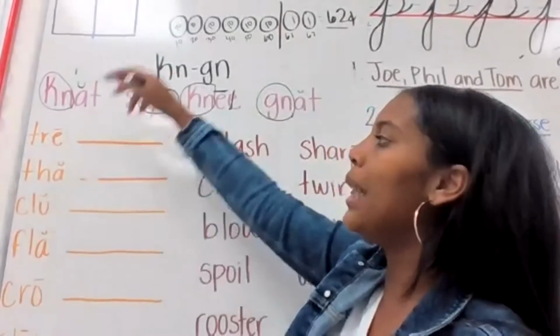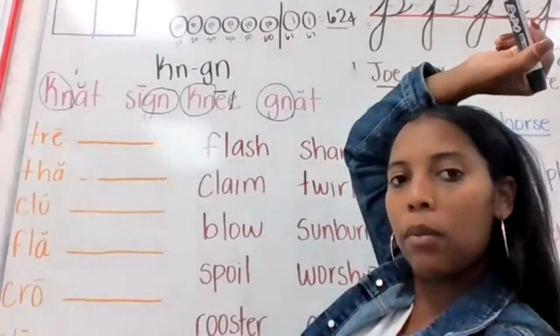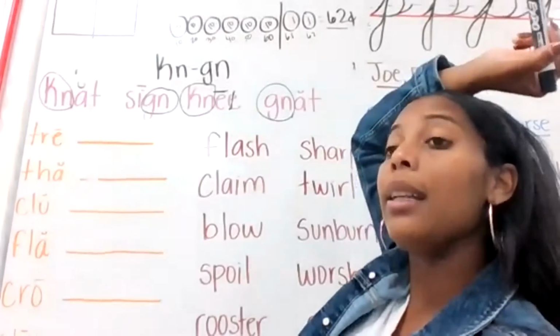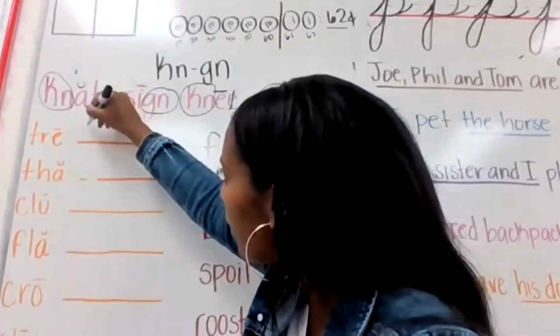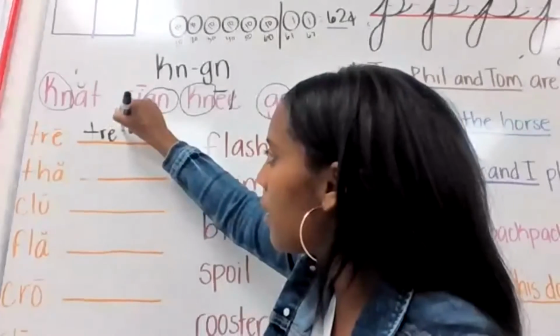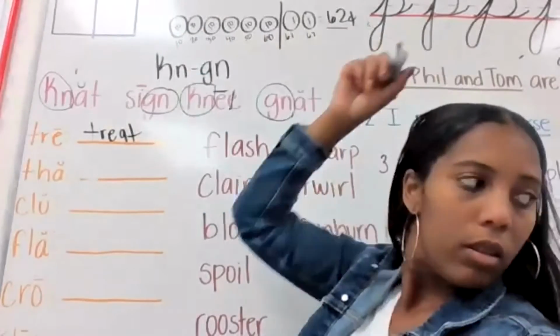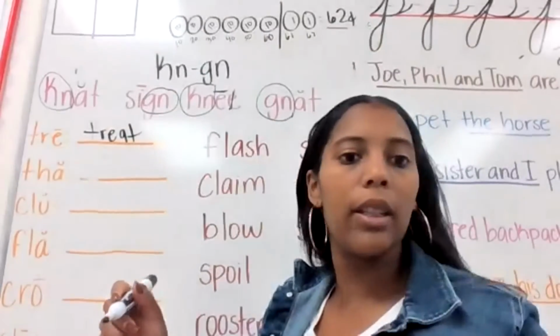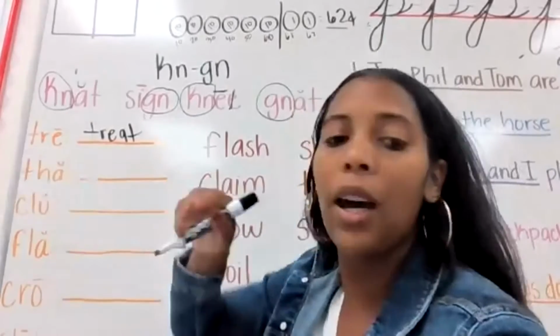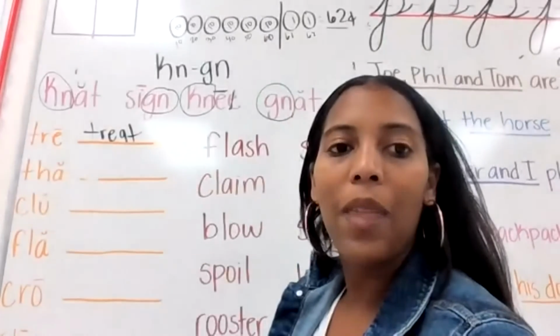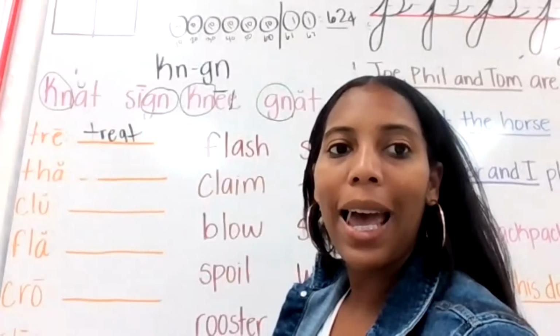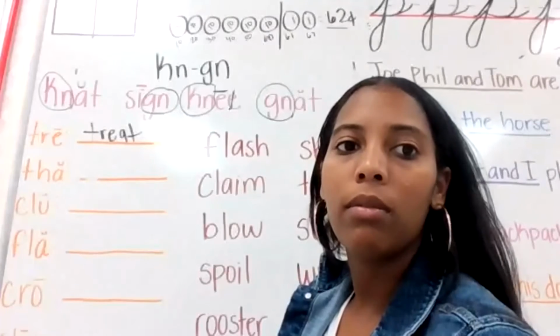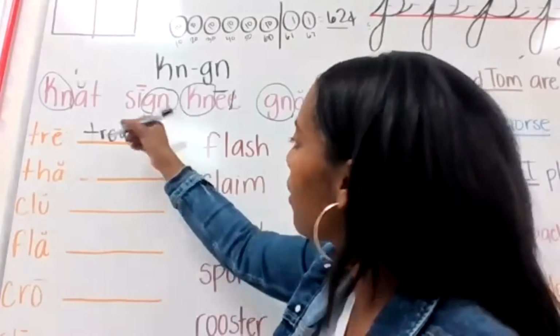I have tree. What's a word I can create from the blend tree? Treats. Yes. Right. Next, that. Faith? That.